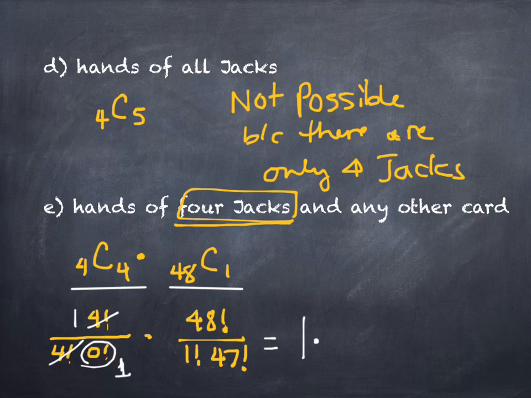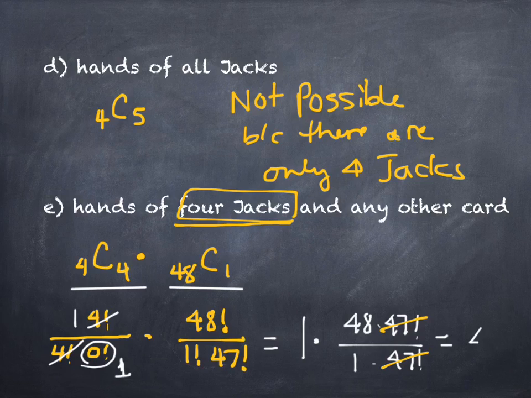Now I have 48 factorial, so I'm going to write my 48 times 47 factorial over 1 times 47 factorial. And what happens? The 47 factorials cancel, you just get 48. So how many 5-card hands have 4 jacks? There are 48 of them.